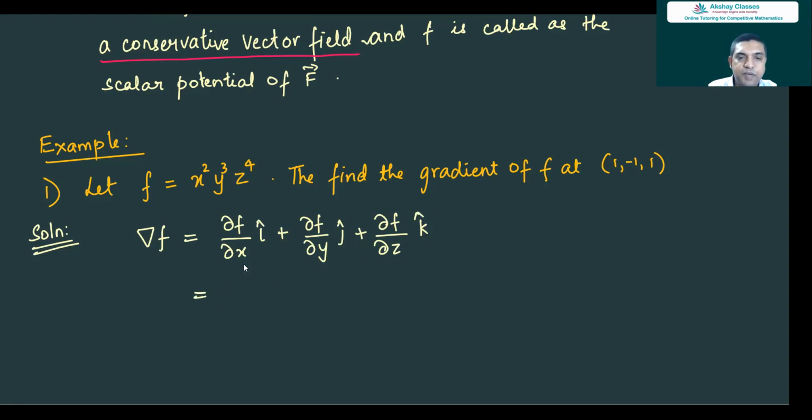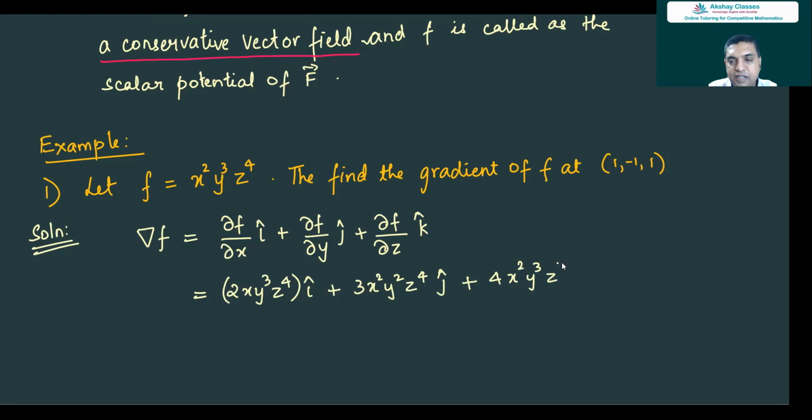So dou f by dou x is 2x y cube z power 4 i cap, plus 3x square y square z power 4 j cap, plus 4x square y cube z cube k cap.